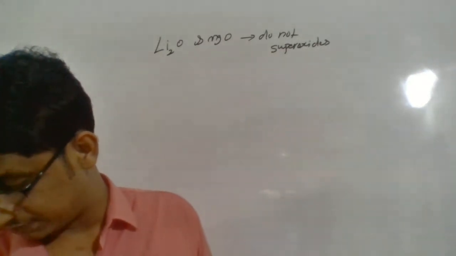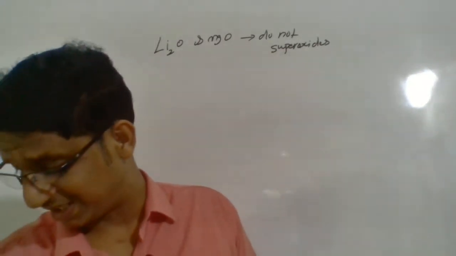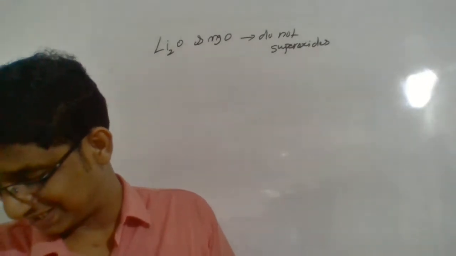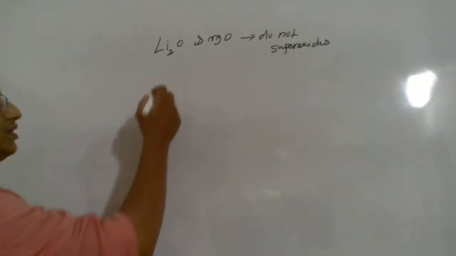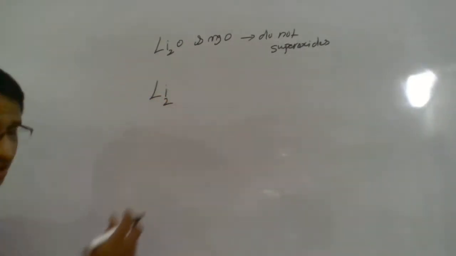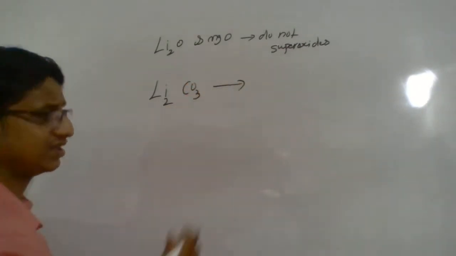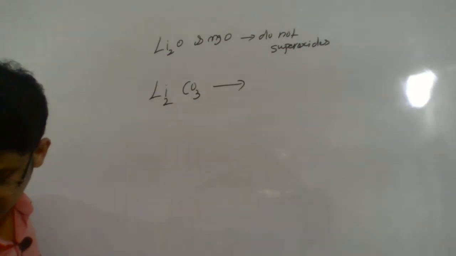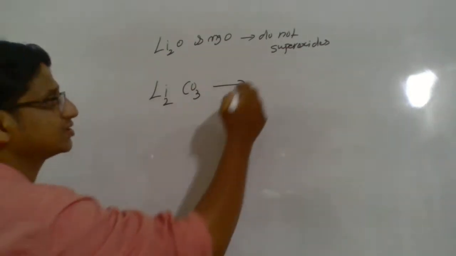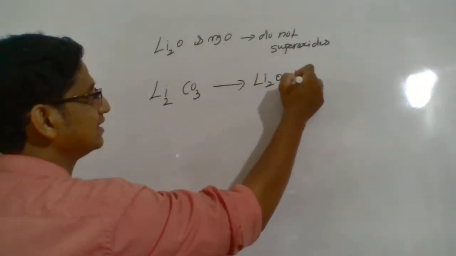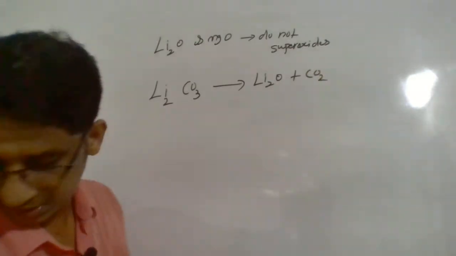Next, carbonates of lithium and magnesium decompose easily on heating to form oxides and carbon dioxide, which means they are less stable, because other metal carbonates are strongly stable. When heated, lithium carbonate decomposes to form lithium oxide, and carbon dioxide is released.